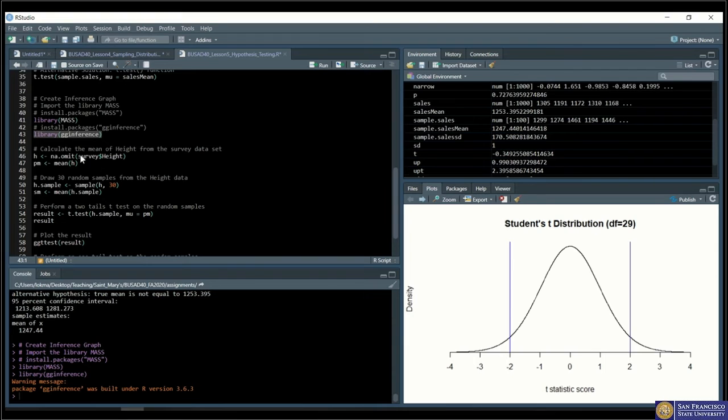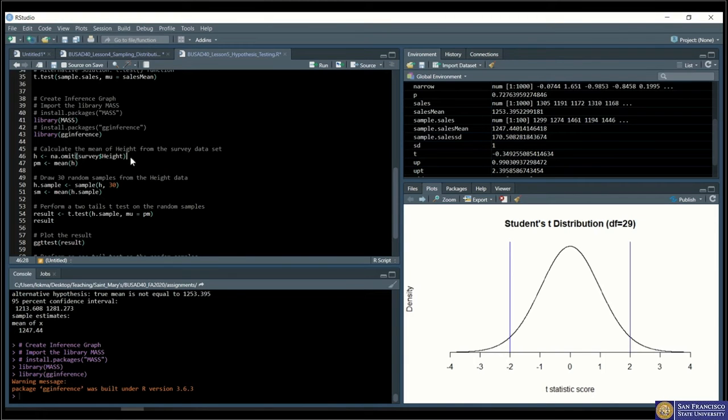First of all, I would like to load the data from the MASS data sets. I know there is a data set called survey, and I just want the height from this survey. I'm using the na.omit function, which basically means we'll drop anything that is not available, or empty, in the data sets.